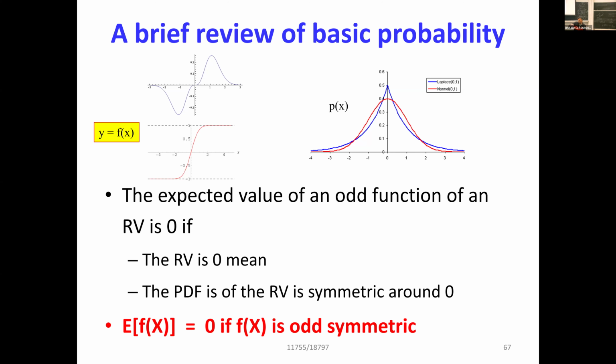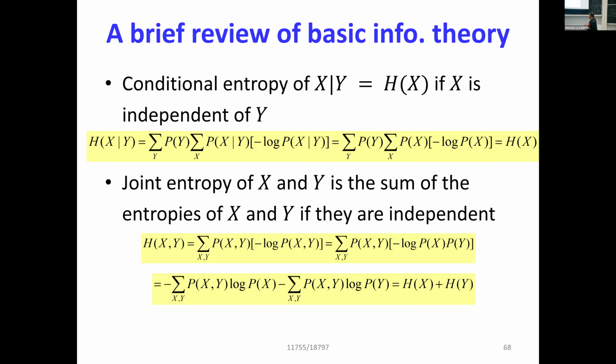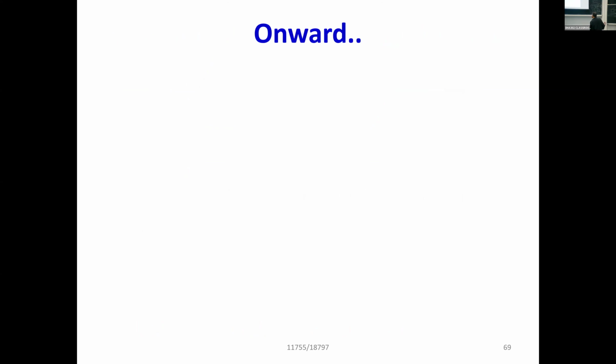Because for every x, there's a minus x, and f of x has the same probability as minus f of x, and so they will cancel each other. So anytime your function is odd symmetric, its expected value is 0. This is a generic property of probability distributions. So here are some of the other things that we saw when we were looking at the information-theoretic principles. So how are we going to use all of this, and why is any of this relevant?